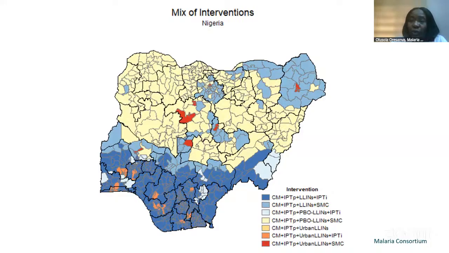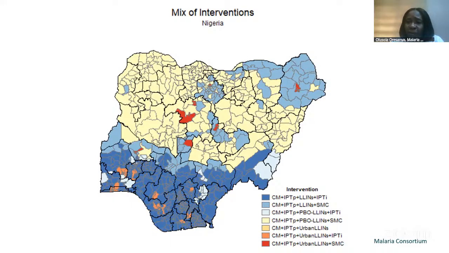And this, we were able to come to because of stratification. We were able to determine which areas will need PBO nets. PBO nets are only deployed in areas where you have insecticide resistance based on biological or chemical mutations, chemical changes in the vector.